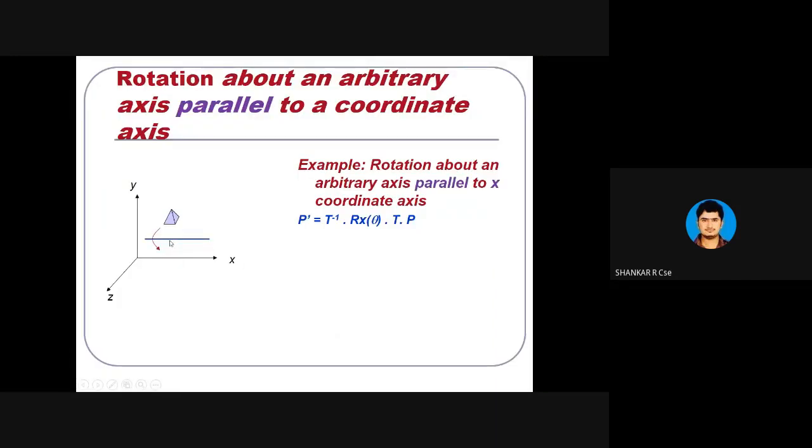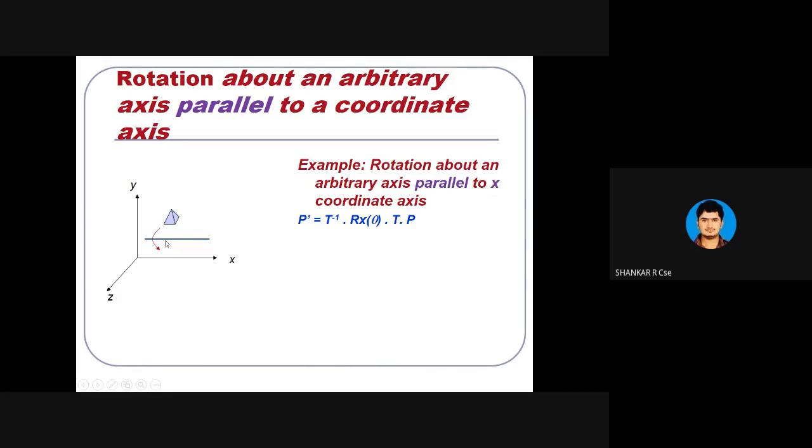Well, first step, since here in this example we have taken an arbitrary axis, arbitrary in the sense of your own axis. If your axis is parallel to the x-axis, first bring that parallel axis and merge it to the x-axis, because in this slide the example axis is the x-axis.